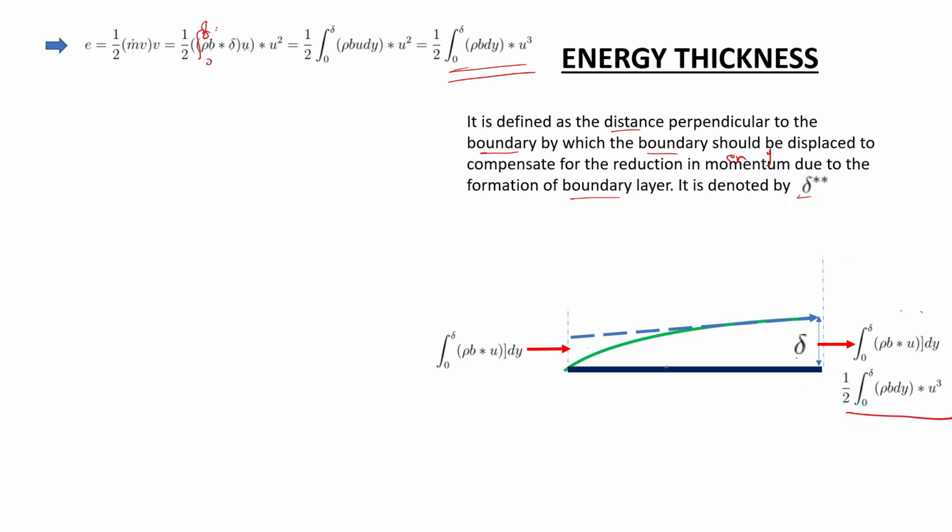So I have written that here. This is the energy of the fluid. Now what is the energy of the fluid at section 1? This is equal to half into rho b u dy into u infinity square, because here the velocity is u infinity and the mass flow rate is taken as the mass flow rate at section 2 itself, rho b u dy.